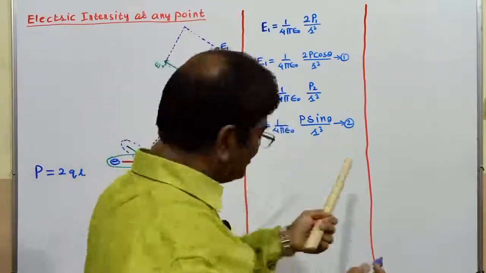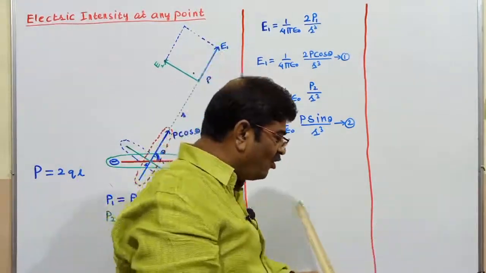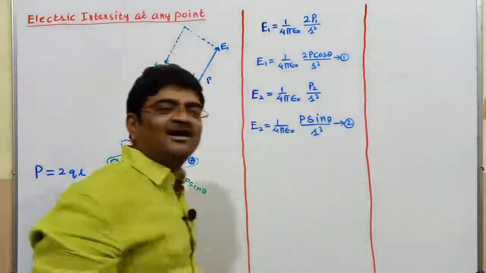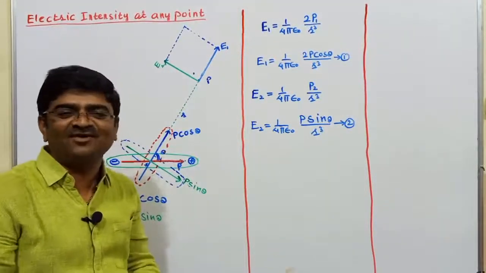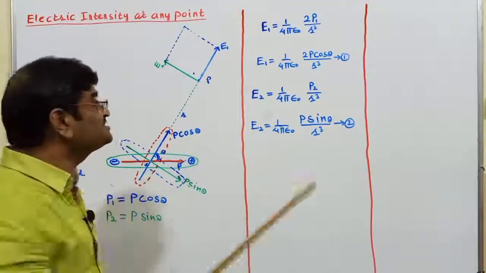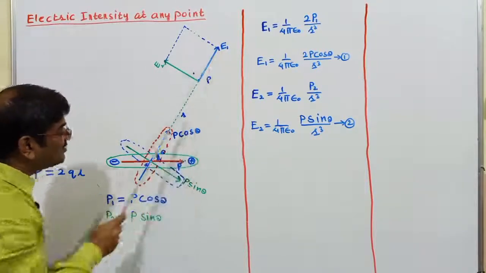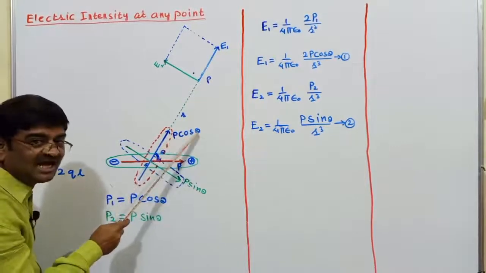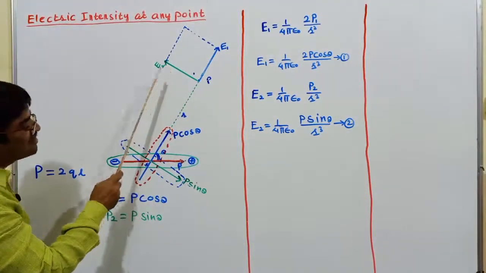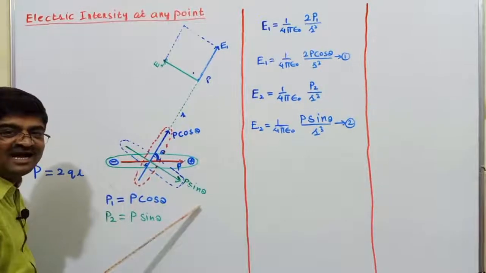This is the parallelogram I have completed, and you all know how we add two vectors in a parallelogram. You can understand E1 and E2. E1 is the contribution by component P cos theta. E2 is contributed by the component P sin theta.